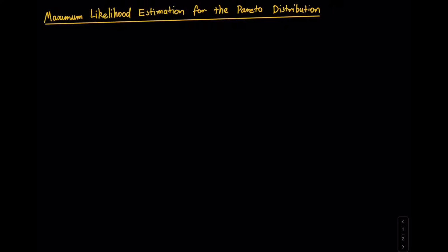Suppose we have a series of random variables, x1, x2, all the way up to xn, which are all independently and identically distributed with a Pareto distribution with parameters alpha and lambda, where alpha is the shape parameter and lambda is the scale parameter.